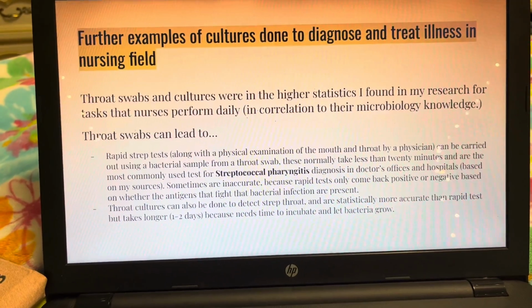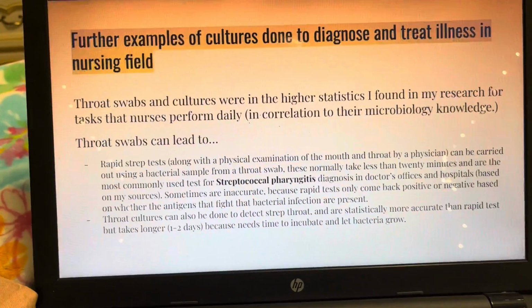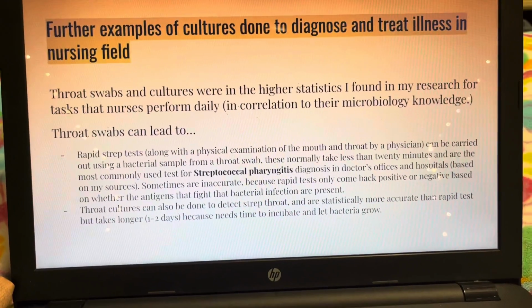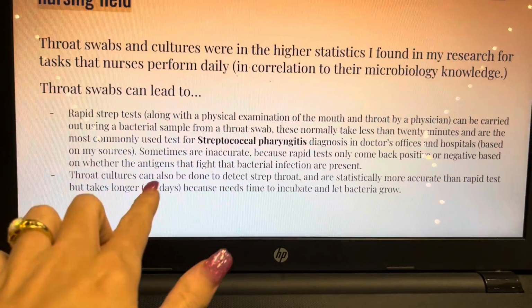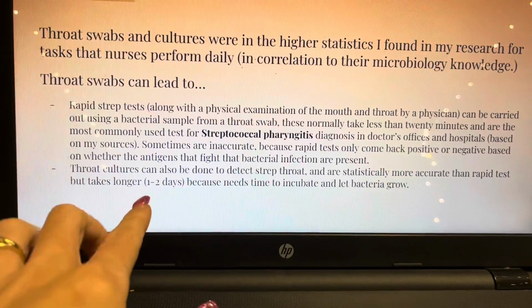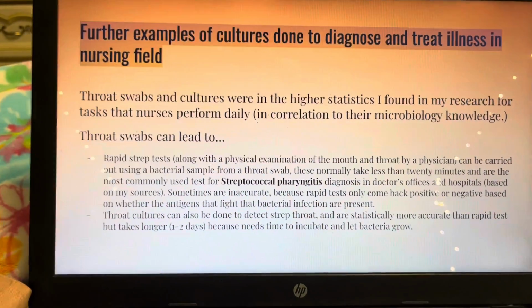So throat swabs, you can get a variety of different things done through a throat swab. One of them being a rapid strep test. I'm sure everybody who's watching this has heard of the rapid tests for COVID, and the fact that they might not be as reliable as one that would take a few more days to get results from. That is because those rapid tests are testing positive or negative based on whether the antigens that fight the bacterial infection are there or not.